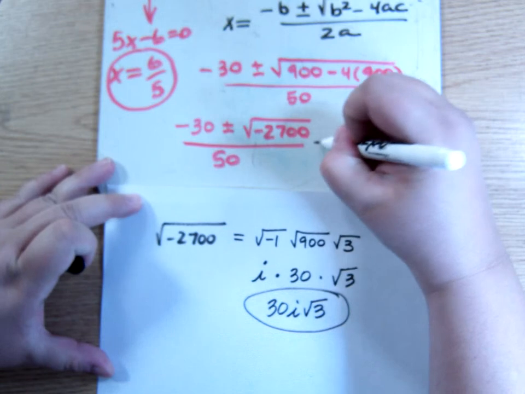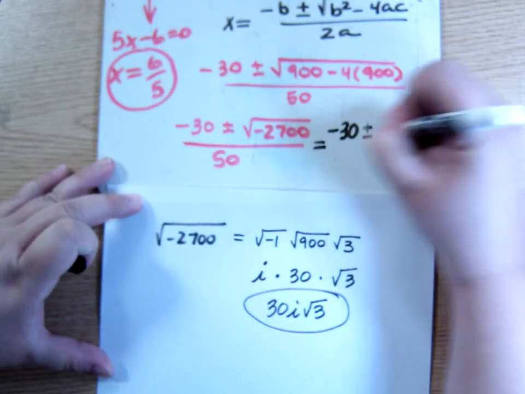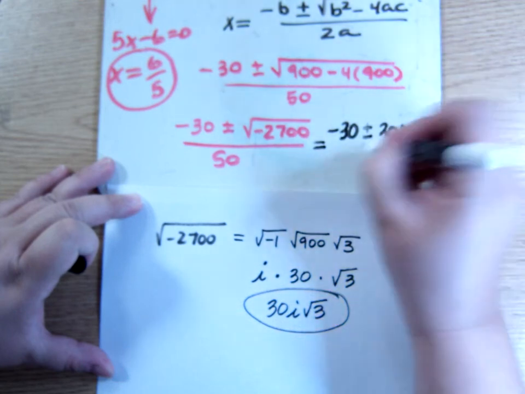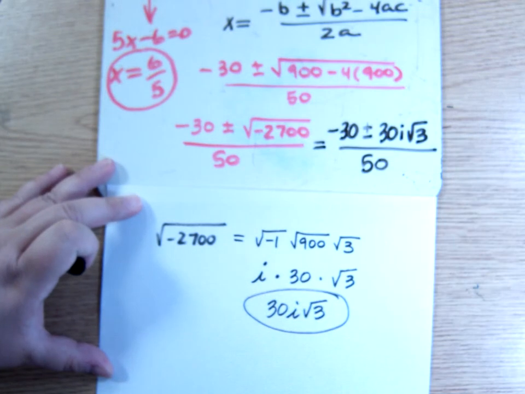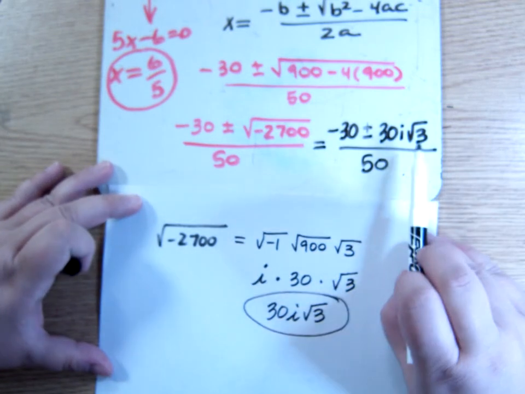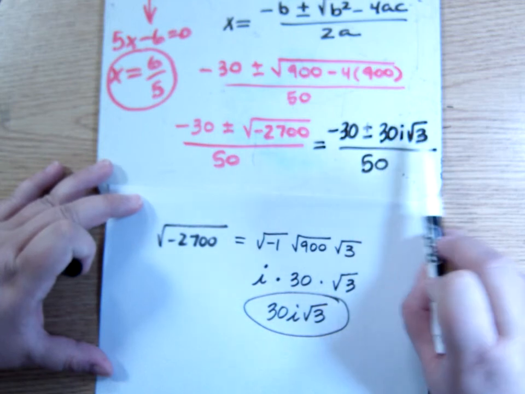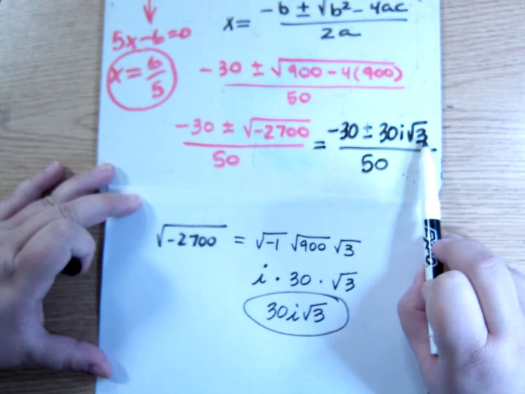So I've got negative 30 plus or minus 30i times the square root of 3 all over 50. Remember that when you're simplifying something like this, you can't simplify something that's under a radical with something that's not under a radical. Children inside the house play with other children inside the house.